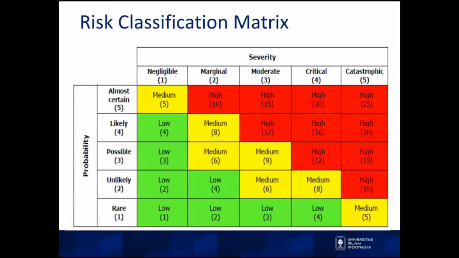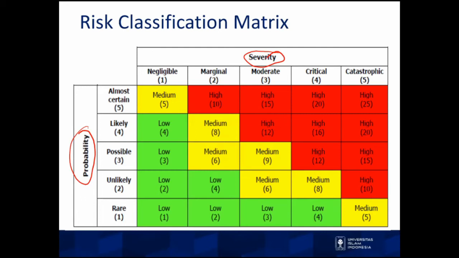This is the complete example of a risk classification matrix, or as I mentioned, some people call it a risk map. As you can see here, there is the severity or impact of the risk and the probability of the risk. For each factor, there are 5 different levels.